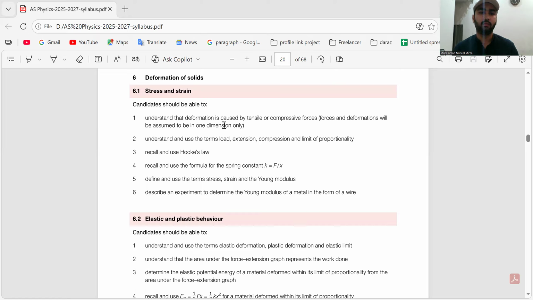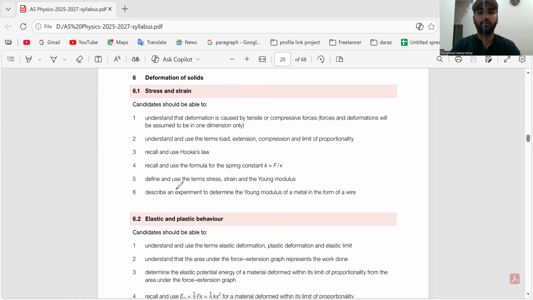After that, we go to the next point. What is the role of Hooke's law in this? Then our next point is to recall and use the formula for the spring constant.